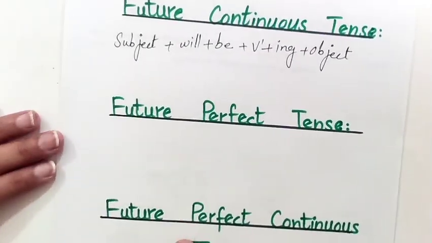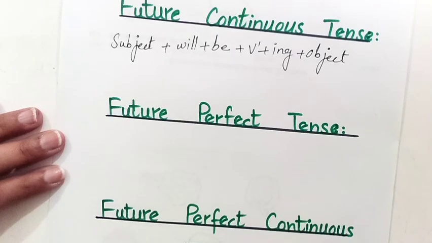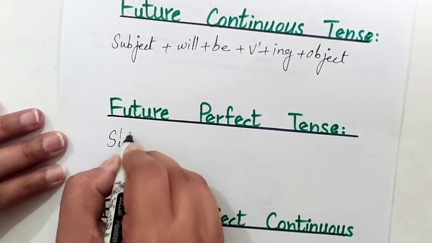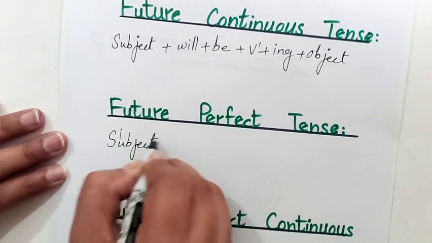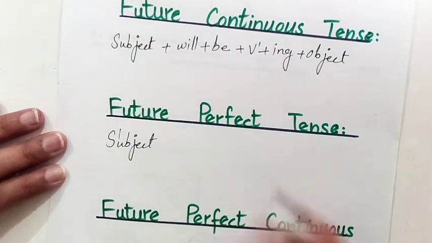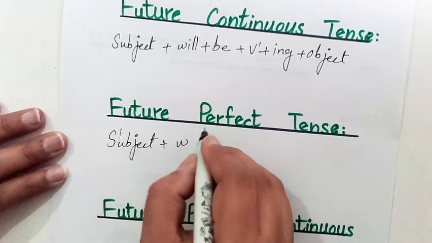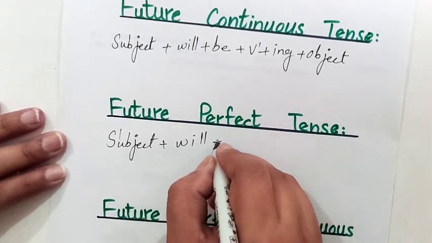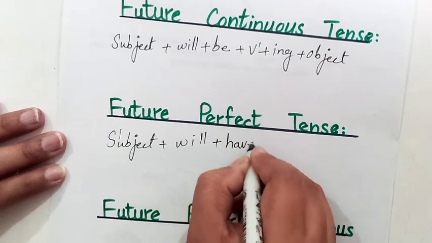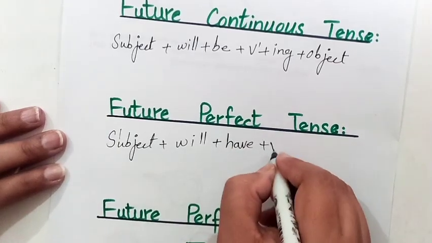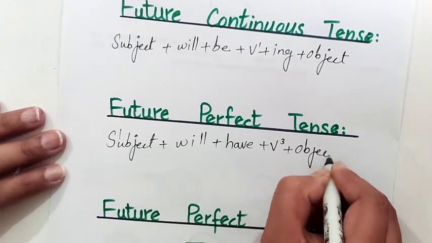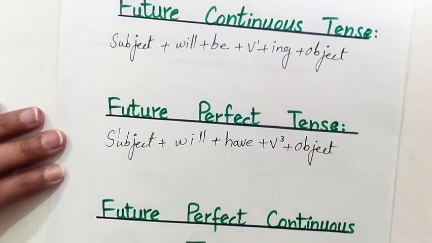Now formation for future perfect tense, that is subject plus will plus have plus V3, that is third form of verb, plus object.